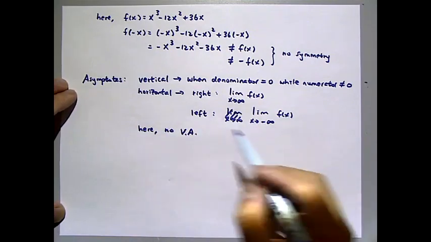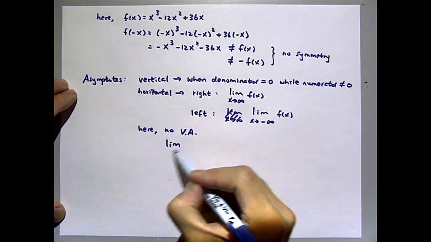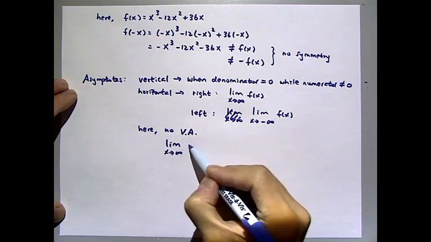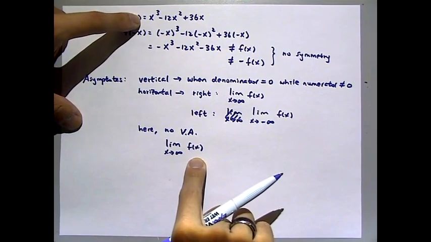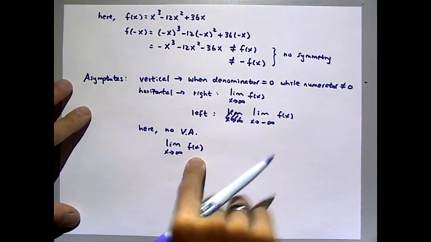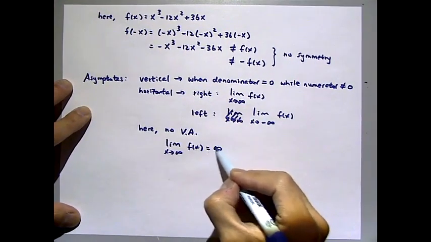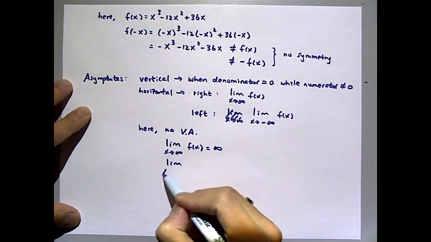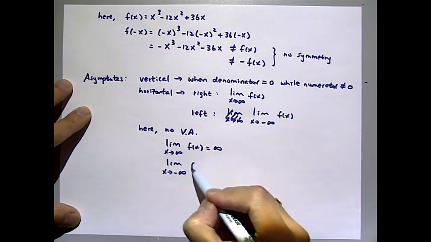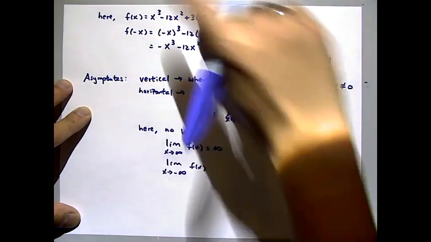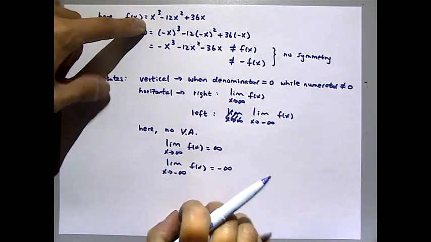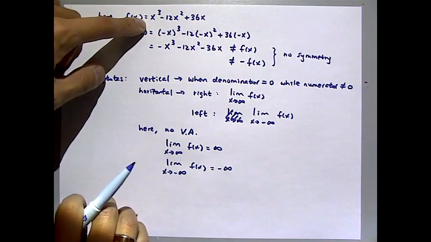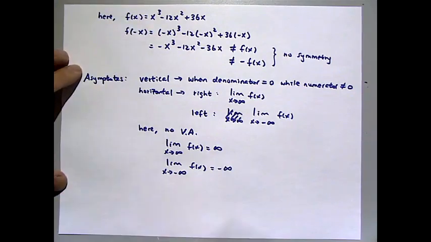For the horizontal ones, if I take x to infinity, then it goes to infinity. If I take x to negative infinity, then it goes to negative infinity. It's the leading term that's going to dominate. So whatever the leading term is doing, that's where the limit will be going for this one right here.